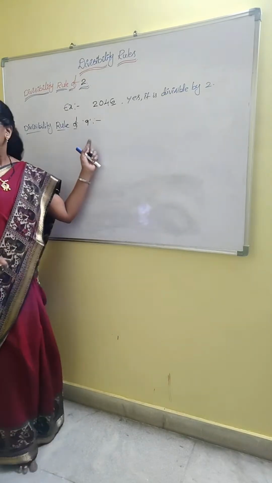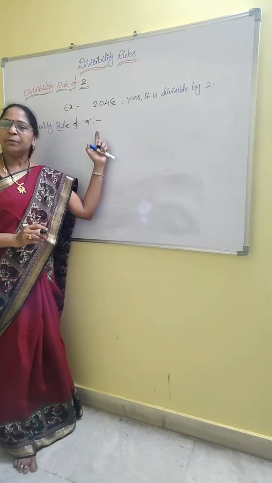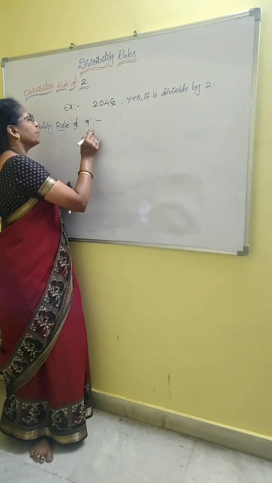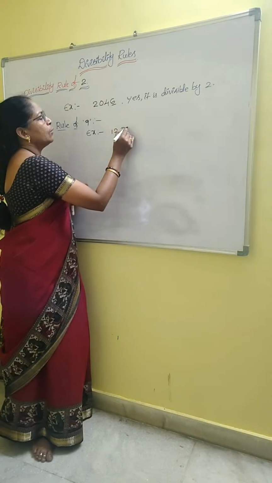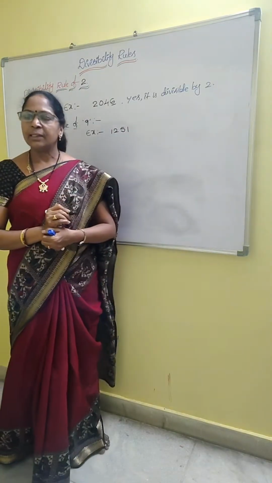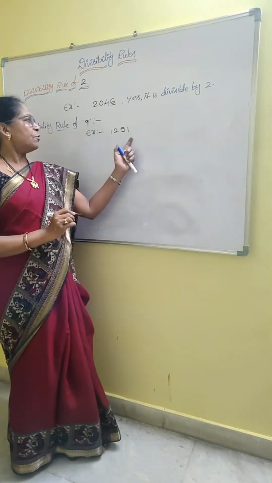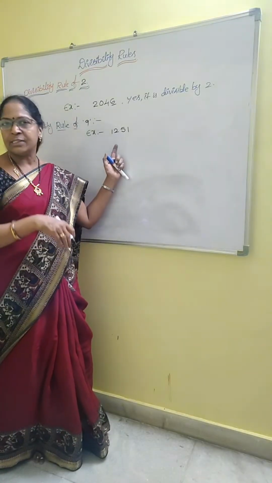Now see here, the divisibility rule of 9. For example, the number is 1251. Is this number divisible by 9 or not? That is the question.